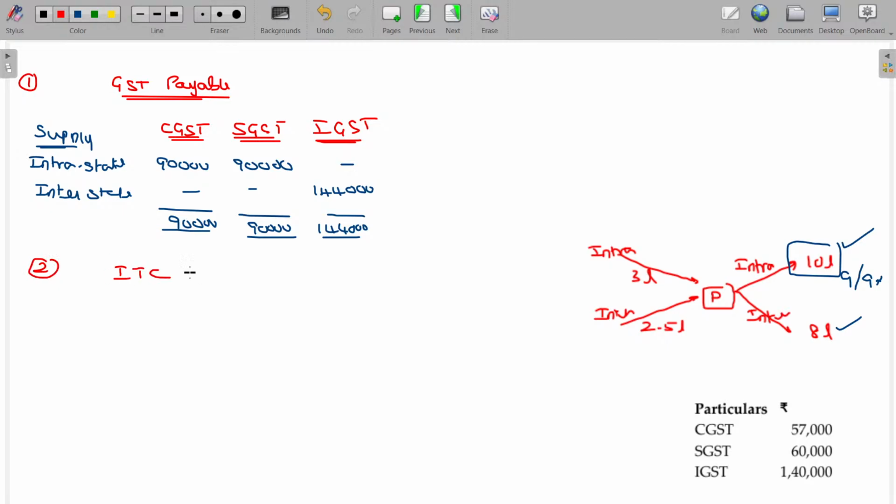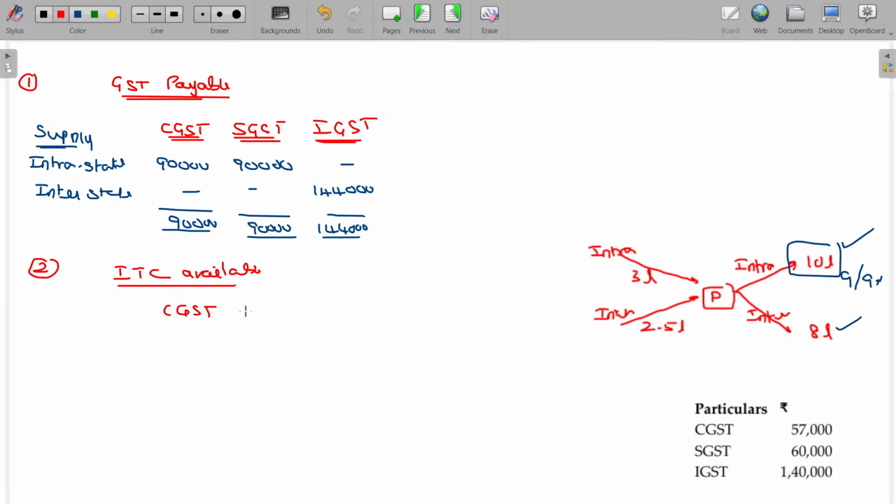ITC available. ITC related to CGST, major head. See, you need to have the major head and minor head, already we studied. With the CGST, you have minor heads like tax, interest, other amount.